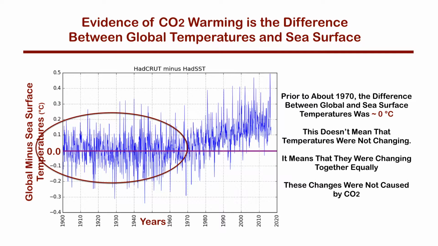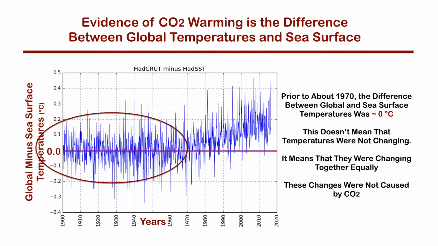So as we mentioned before, the evidence of CO2 warming is in the difference between global temperatures and sea surface temperatures. Prior to about 1970, the difference between global and sea surface temperatures was roughly zero. It varied up and down like random noise, but the average value of the difference was zero, indicating that there was no anomalous warming due to CO2 during those years.